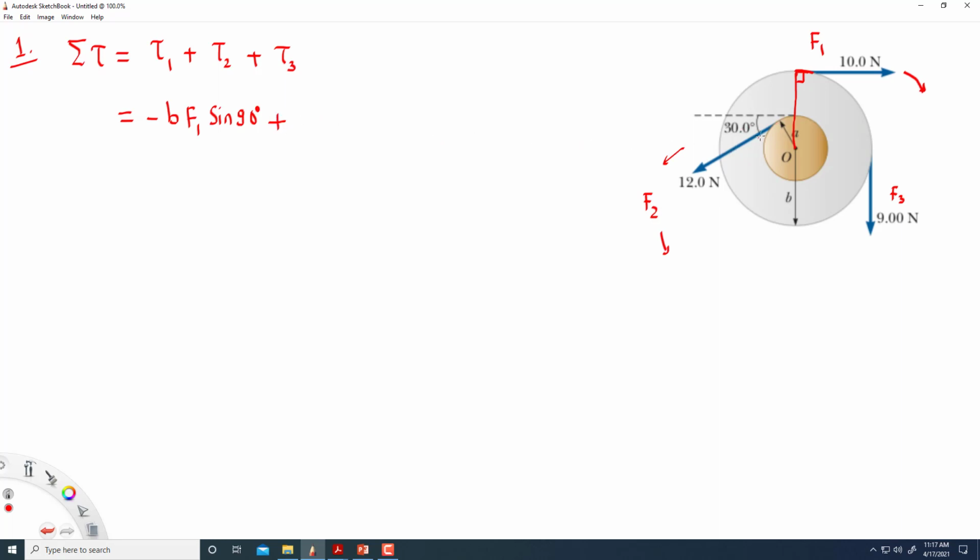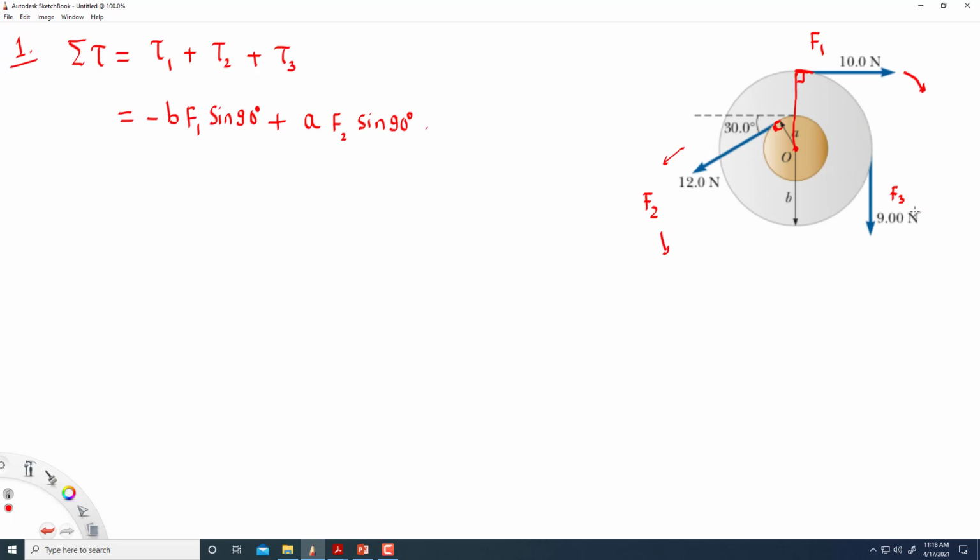The distance between the point where you apply the force and the pivot, in this case the pivot is the center, so this distance is the small radius, which is A. Force here is F2, which is 12 Newton. We'll use that in the next step. And the angle between the force and this distance is 90 degrees again, so sine 90 degrees.